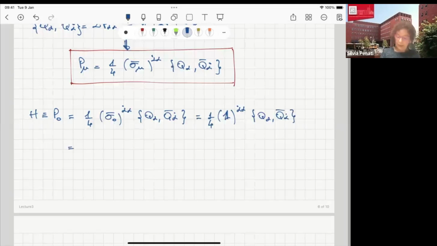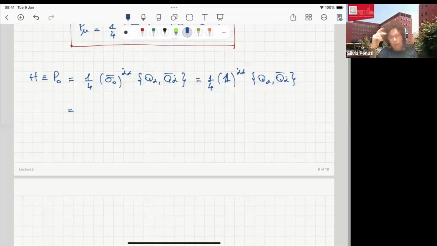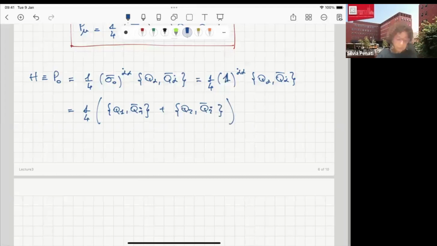But the identity has only non-vanishing components, the components 1,1 and 2,2, and they are equal to 1, okay? So this is nothing but 1/4 (Q1 Q bar 1 dot plus Q2 Q bar 2 dot). Okay. This is the energy operator.